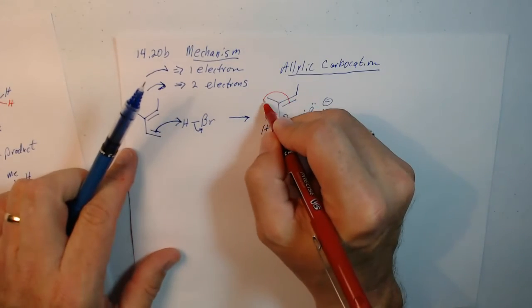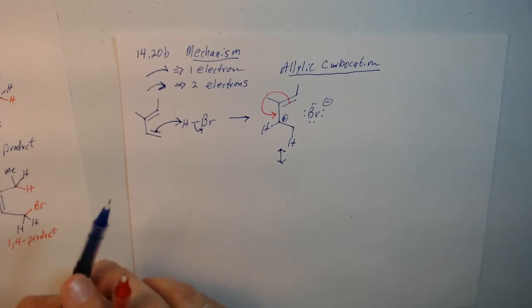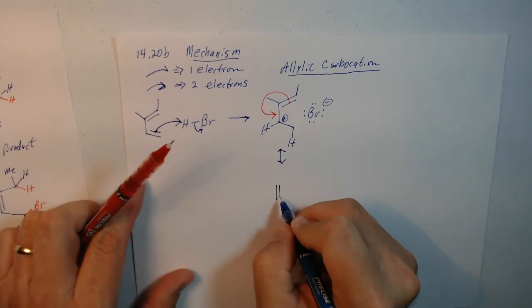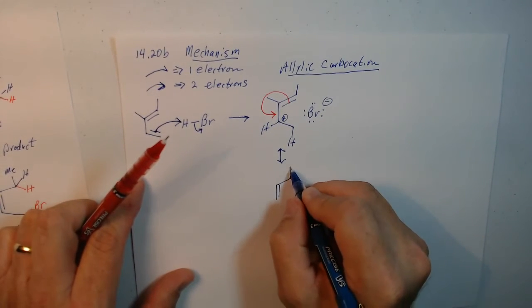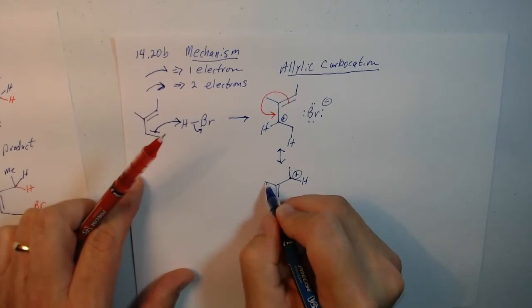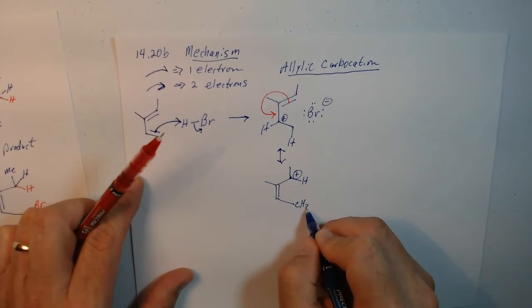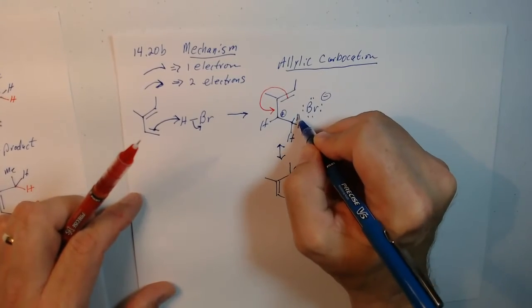So this double bond can move to here, and if that happens, I'm going to convert that to a CH3 group. Remember, there were 2 more hydrogens here already.